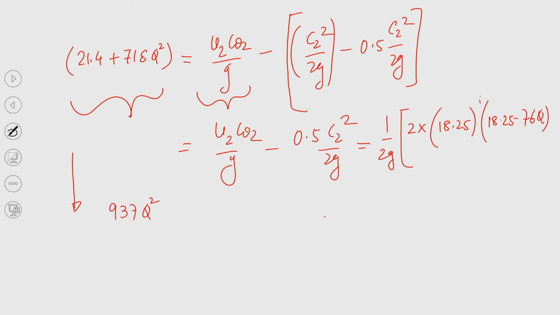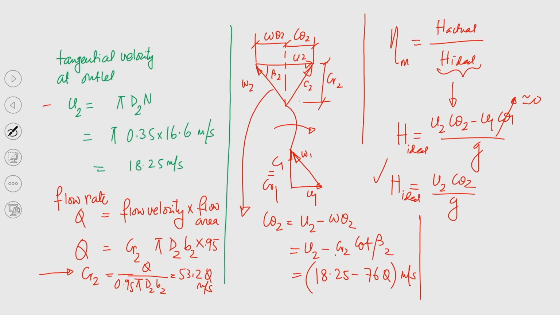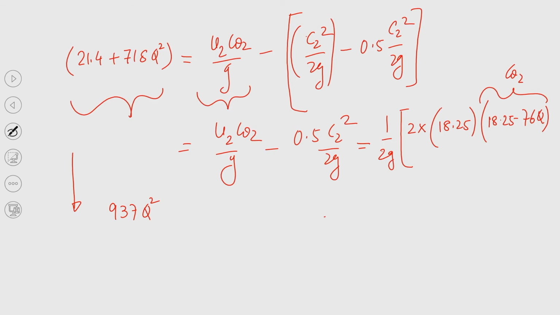So, this is c theta 2, which we have calculated: 18.25 minus 76 q. We are now putting the value of c theta 2 here, that is u2 into c theta 2. Taking 2g outside, 2 into 2, so 1 by g remains, minus 0.5 into C2 square.